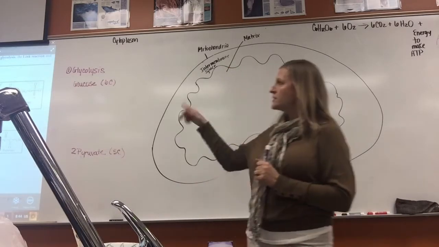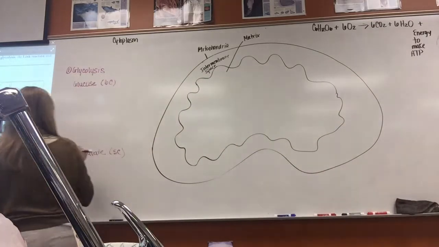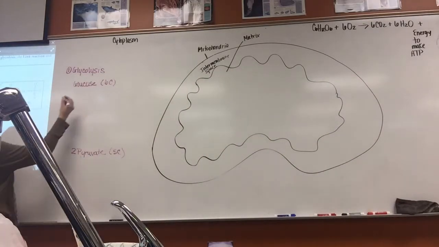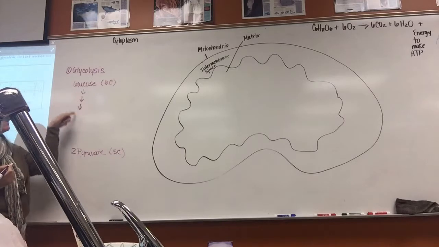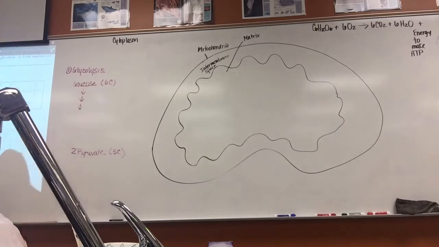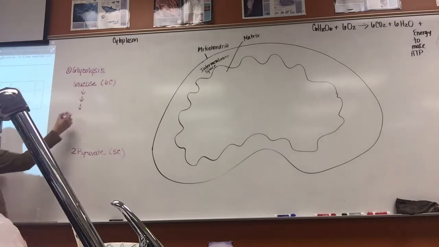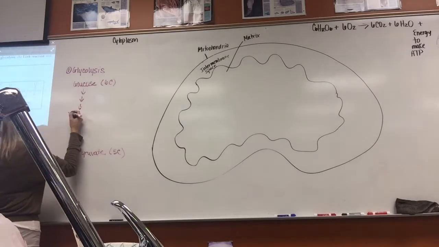Okay, in order to, let's go back first to what Sam said. You go through a series of reactions first, and I'm going to put some arrows here just to illustrate that it's not one big reaction, but you don't need to know the intermediate molecules that the reactions go through to create. But at the end, we get from here to here, to get P-GAL, and there's 2 of those.